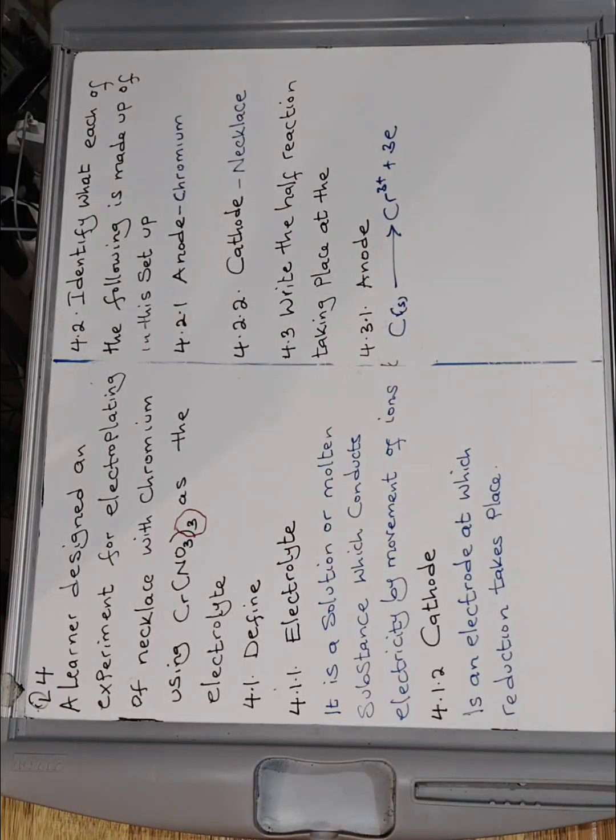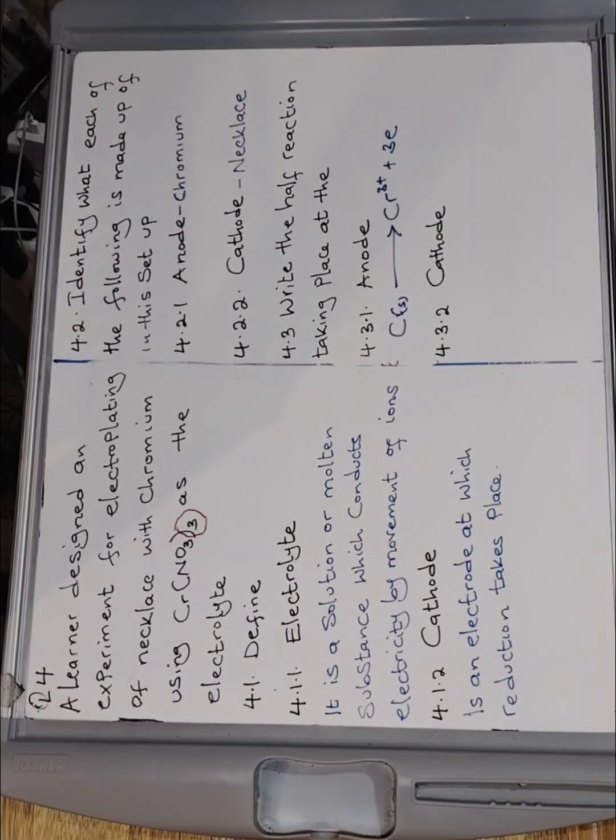Okay, that's that. Then we go to the next question. It says, write the half reaction taking place at the cathode. We need to recall that the reaction taking place at the cathode is reduction. And the question is, what is being reduced?